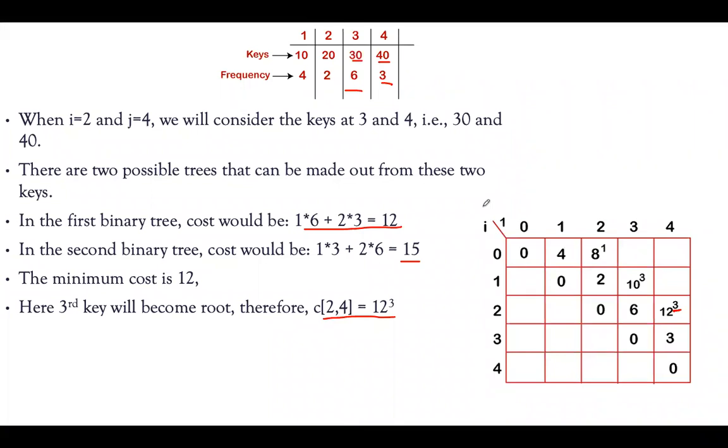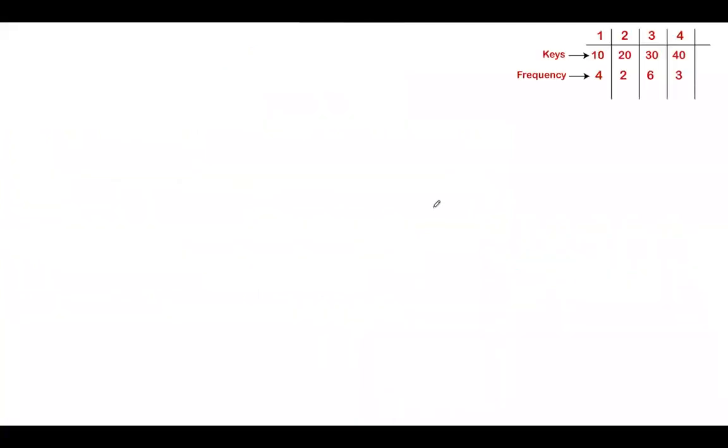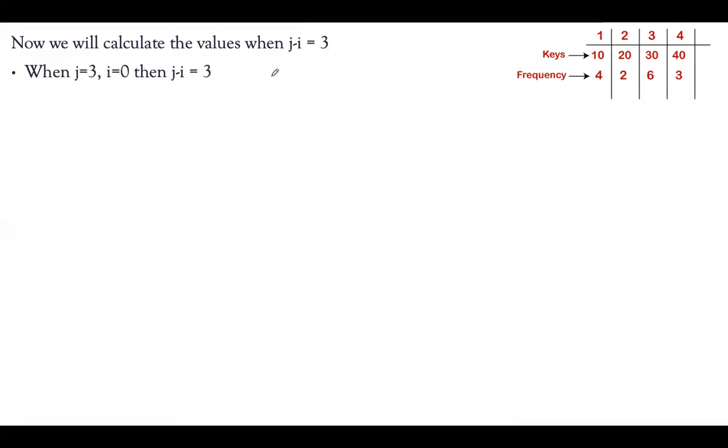Next, this was for j minus i is equal to 2. Next, we shall go for j minus i equals 3. Now we will calculate the values for j minus i is equal to 3. When j is equal to 3 and i is equal to 0, we get j minus i is equal to 3. When j is equal to 4 and i is equal to 1, then also we get j minus i equal to 3.